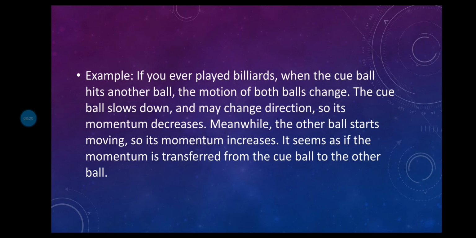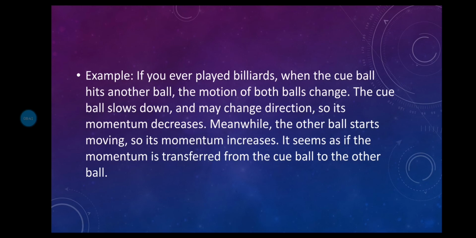Example, if you ever play billiards, when the cue ball hits another ball, the motion of both balls will change. The cue ball slows down and may change direction, so its momentum is going to decrease. Meanwhile, other balls are going to start moving, so their momentum is going to increase.